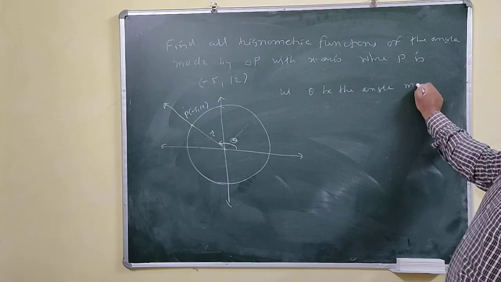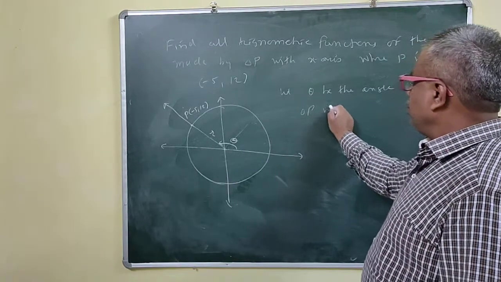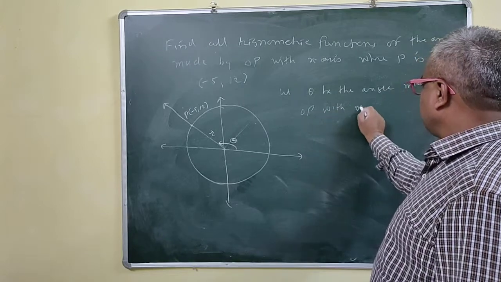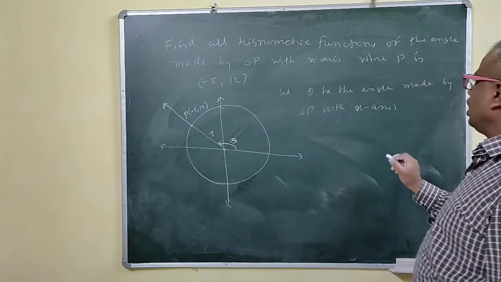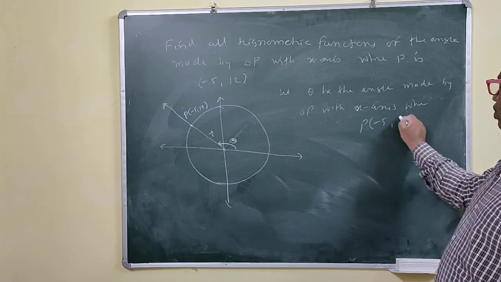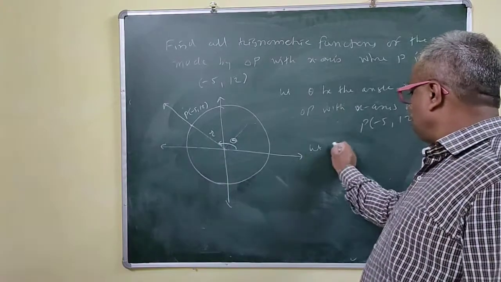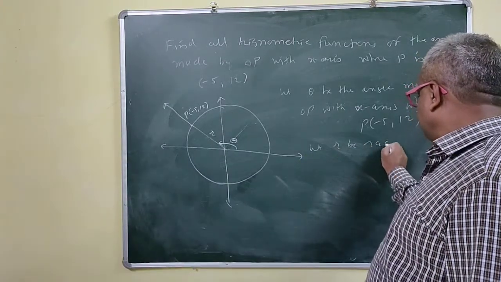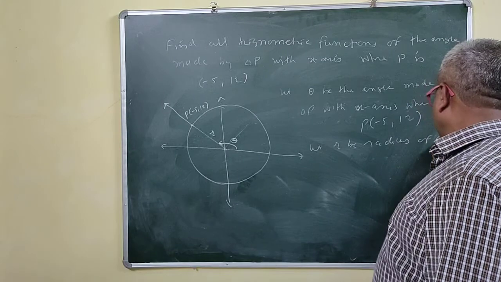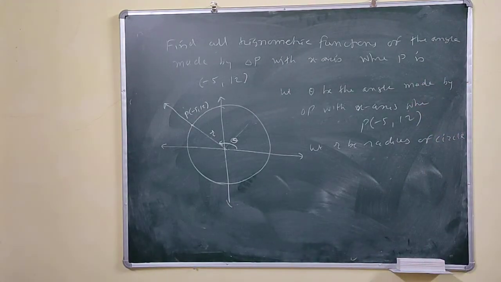made by OP with the x-axis, where P is -5, 12. Let R be the radius of the circle.